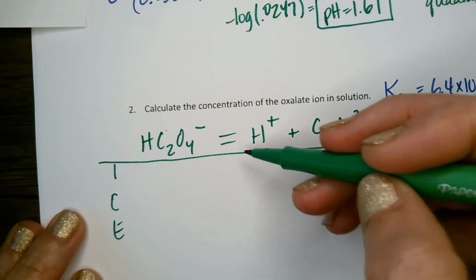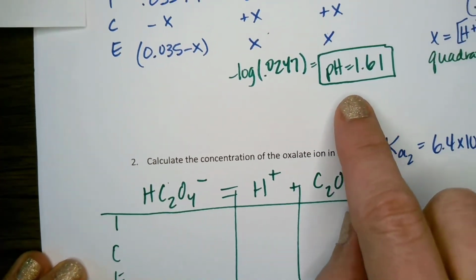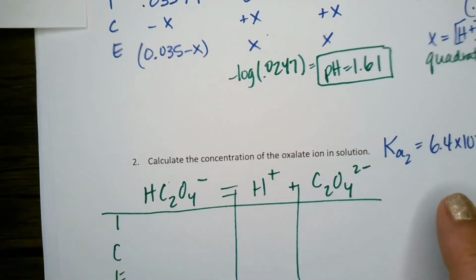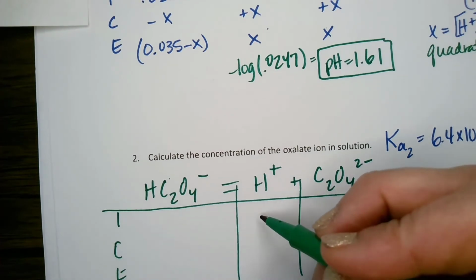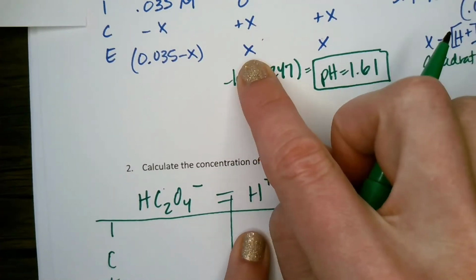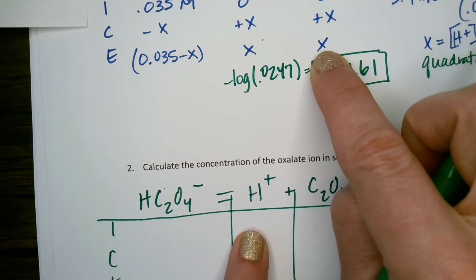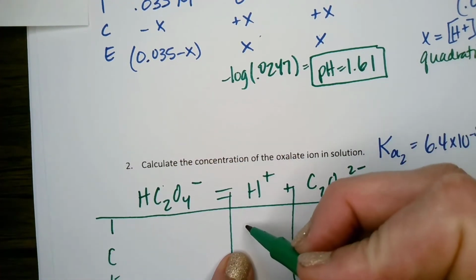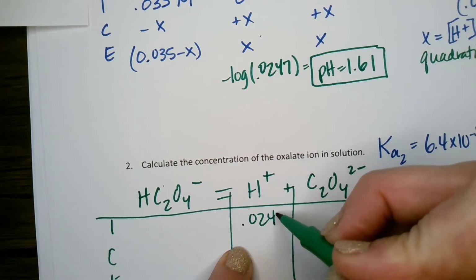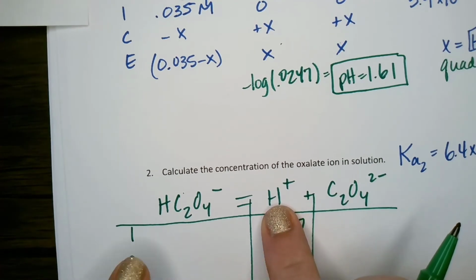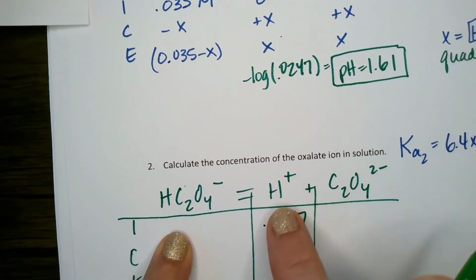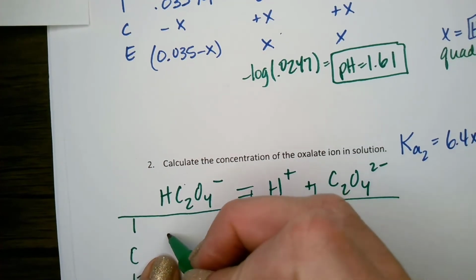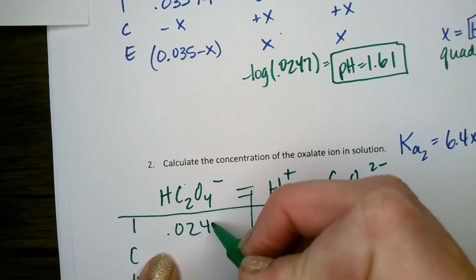We know from the previous problem we solved for x, and x was equal to our H plus and our HC2O4 negative, and it was 0.0247. So we can plug that in for our initial H plus and HC2O4 negative.